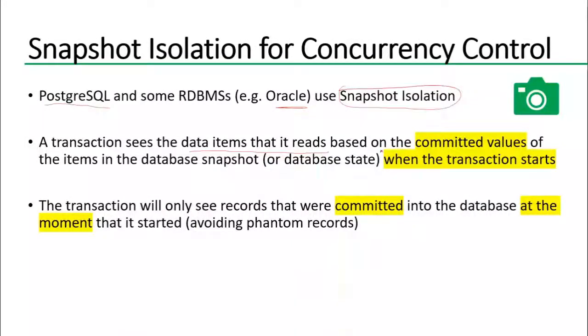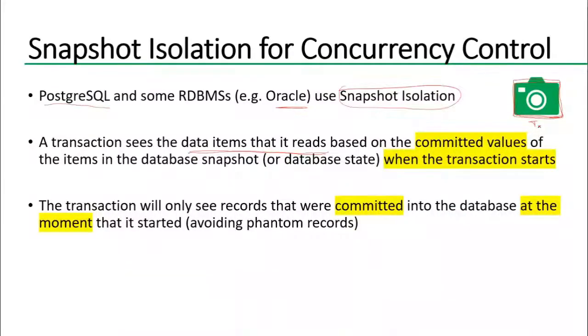So the transaction is starting. You take a snapshot of the committed items, how they look, and then during the transaction you work with these values for the data items. It doesn't matter if, after the picture, another transaction TJ just committed a new value.